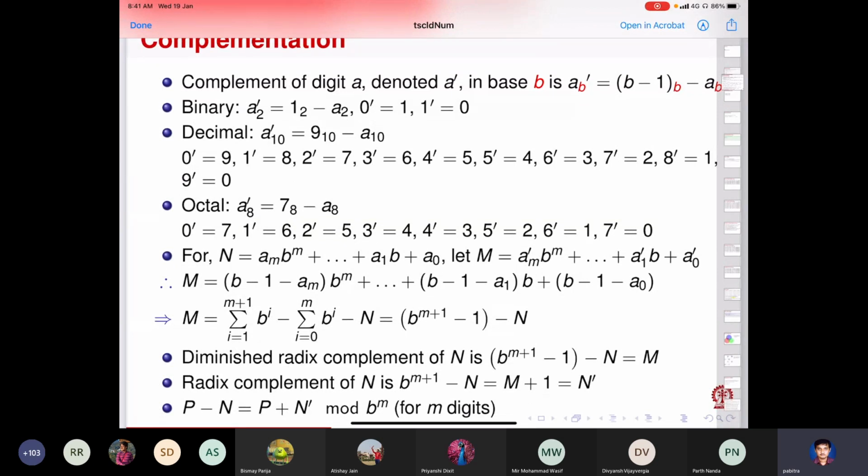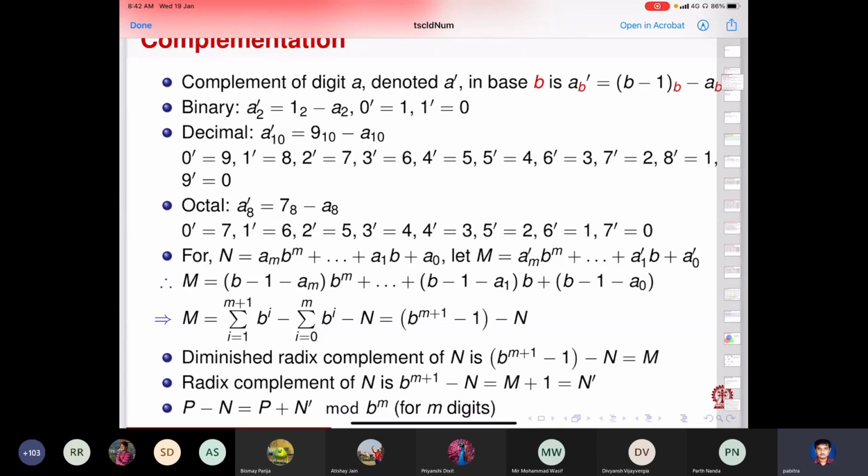So let us take the radix complement, n prime or n dash. One thing you can see is that if you take another number p and compute p minus n, this is the reason your circuit becomes easier.